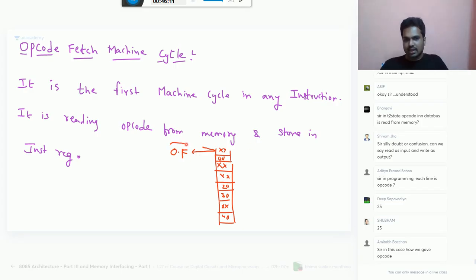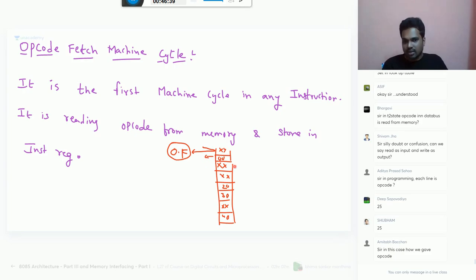While reading this, it will also understand what the next byte is, whether it is some data or whether I need to write something there. When it reads this, it will understand whether the next byte is data or not. If it is a 2 byte instruction, once it reads, it will read the next as data only.